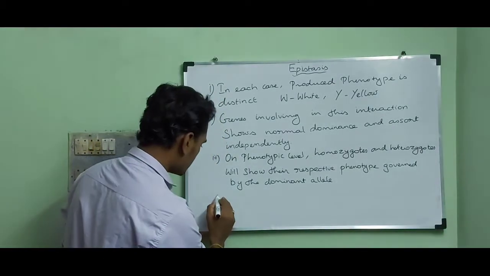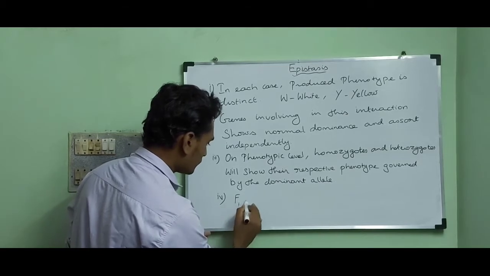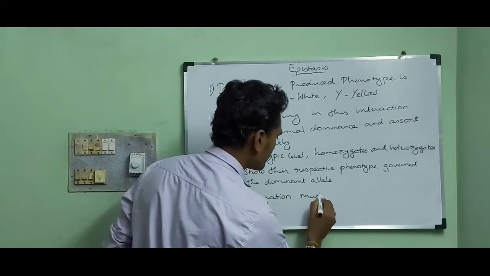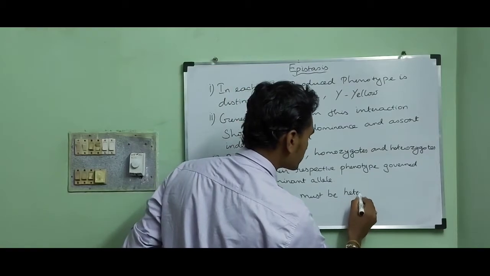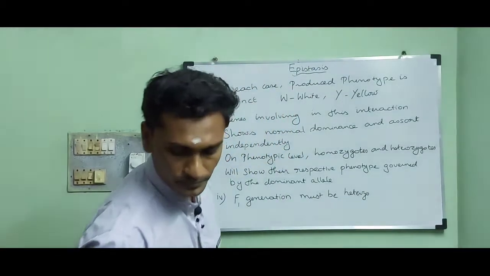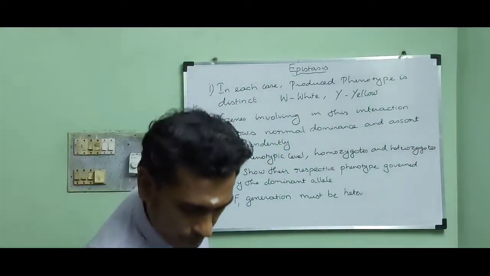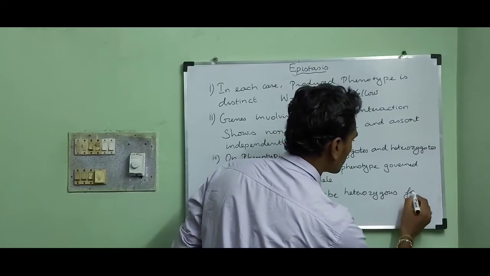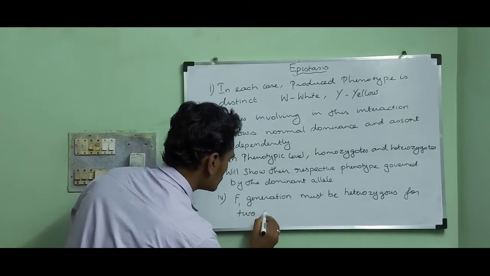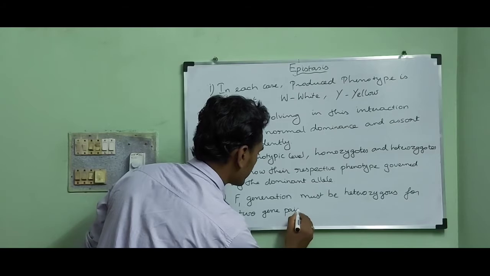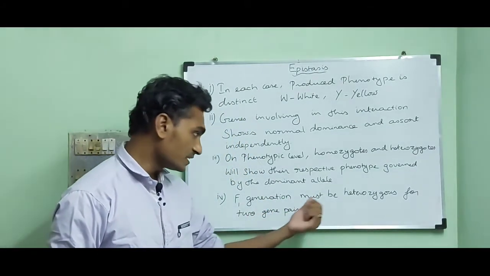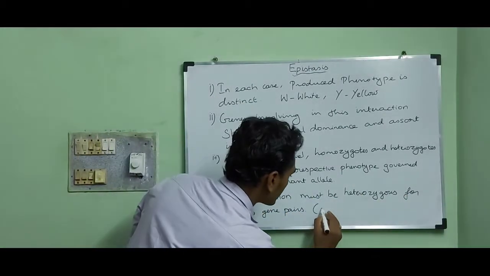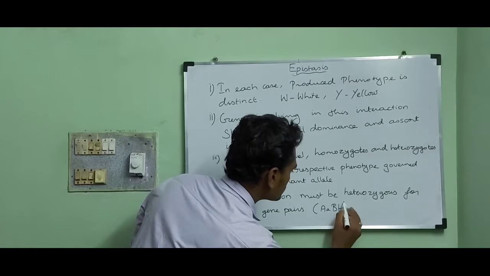Then the fourth point is, the F1 generation must be heterozygous for two gene pairs, that is capital A small a, capital B small b.